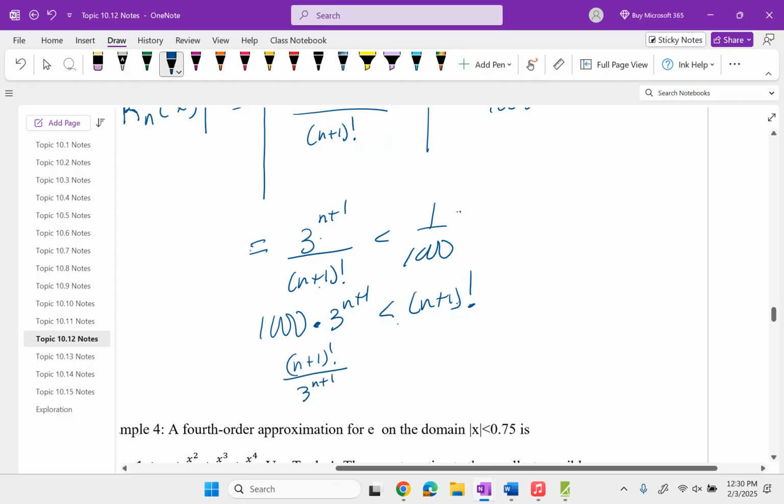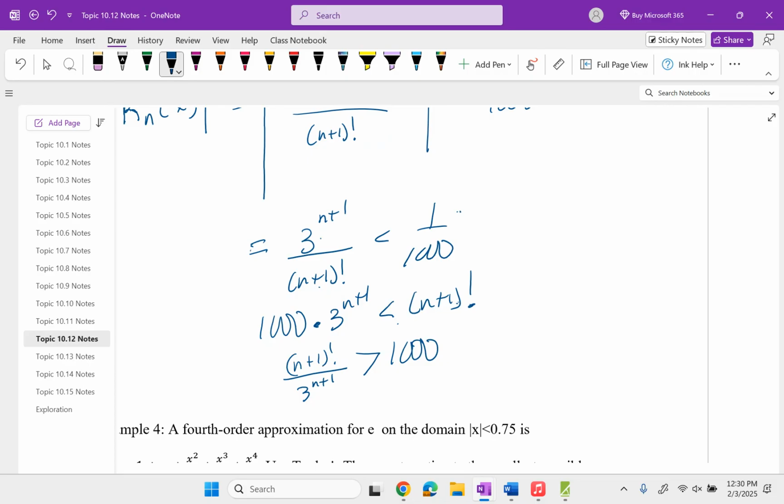The alligator has to eat the n plus 1 factorial. So I'm keeping the alligator facing the correct direction. I just moved the sides. Okay. So now I need to figure out what n value I need to be at.